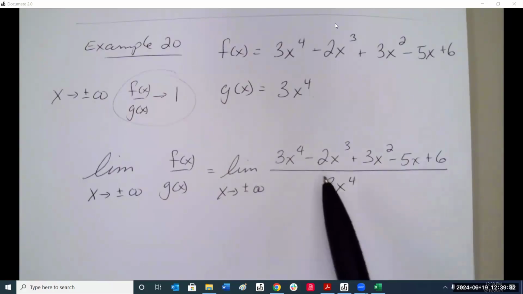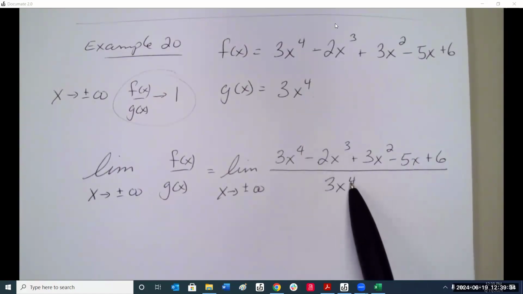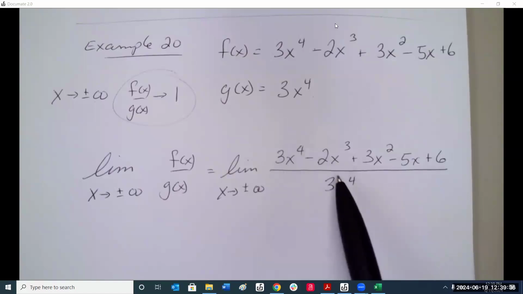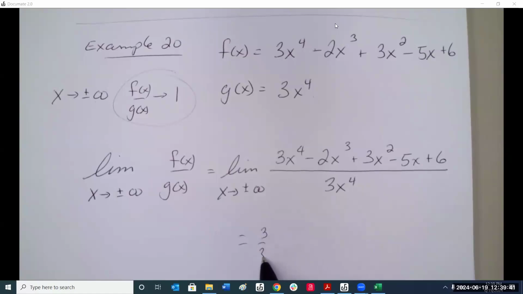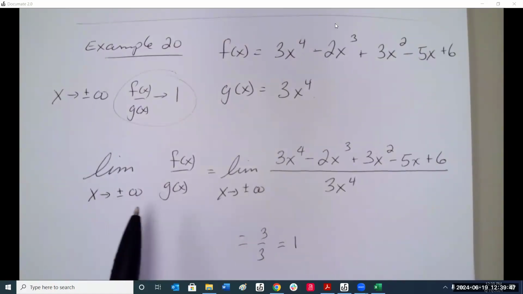And since the degrees are the same, then we take the coefficients, 3 divided by 3. So that's what the question asks. As x gets infinitely large, goes to infinity, this ratio becomes 1.